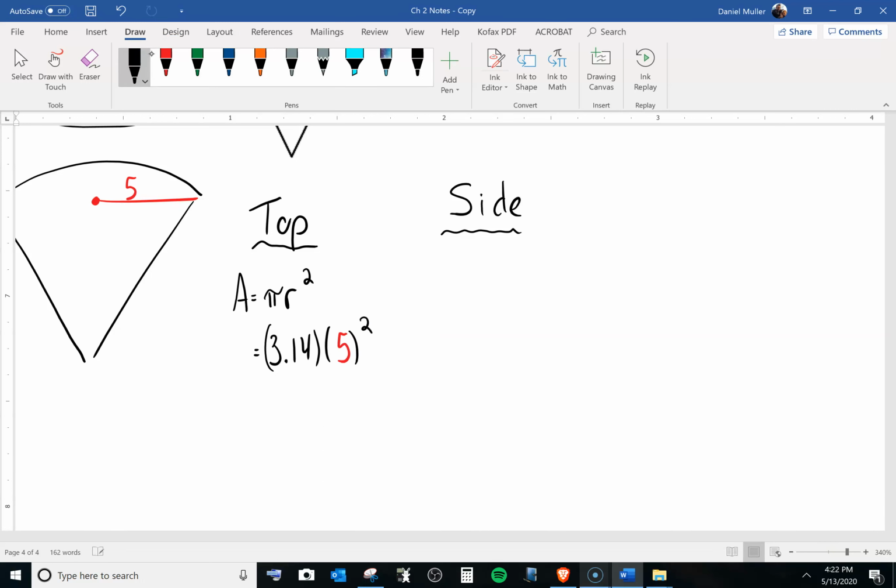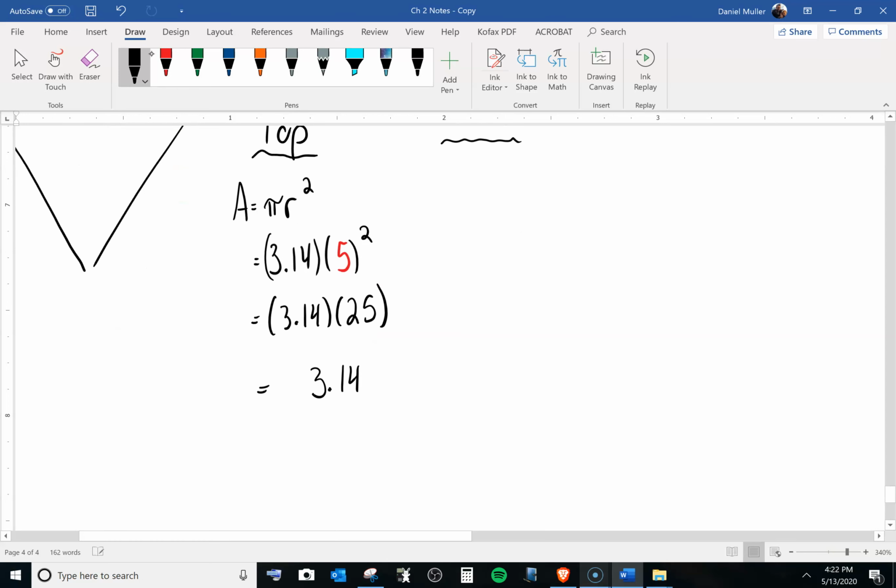And then we can square that. So we get 3.14 times 25, which I can't do in my head. So I'm going to go 3.14 times 25 there. Now, 5 times 4 is 20. 5, 6, 7, and then 15.